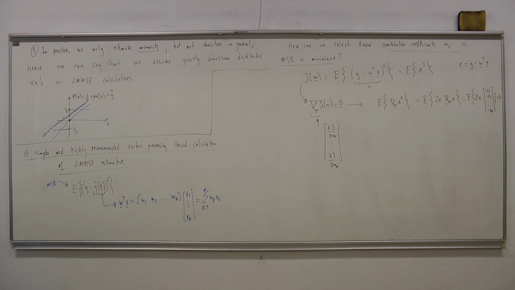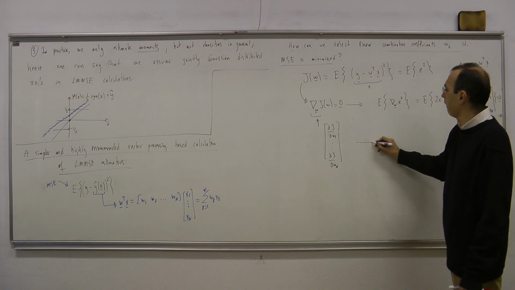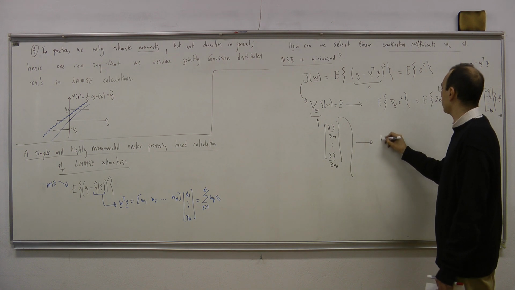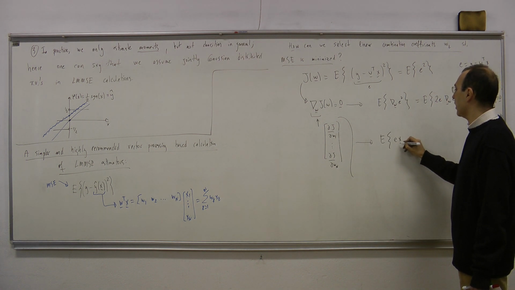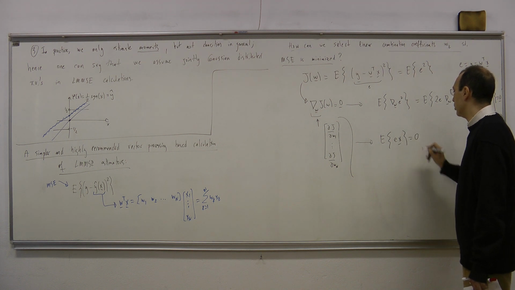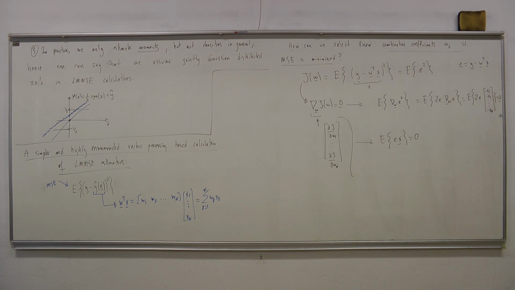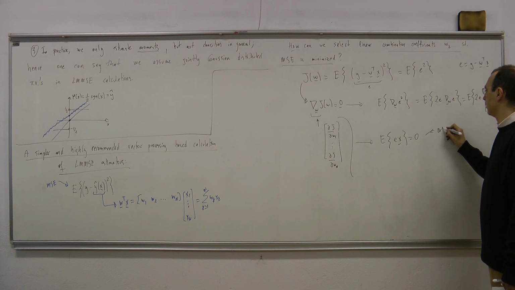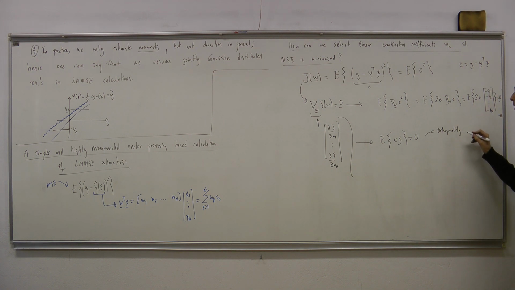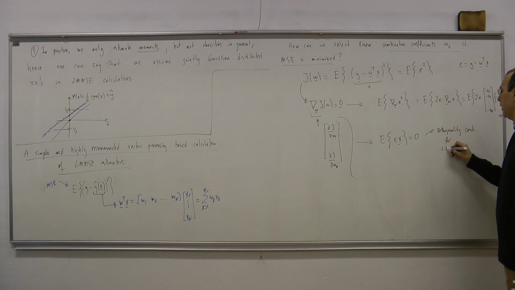Okay. That is it. Then the expected value of e times x should be equal to 0. Later on, this will be our orthogonality condition. We will focus on this a little bit later. Orthogonality condition for linear MMSE.